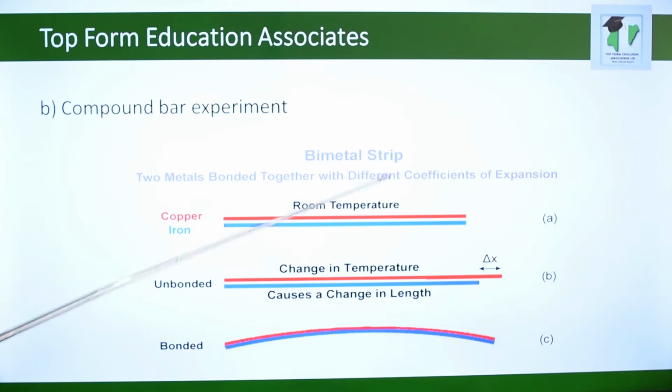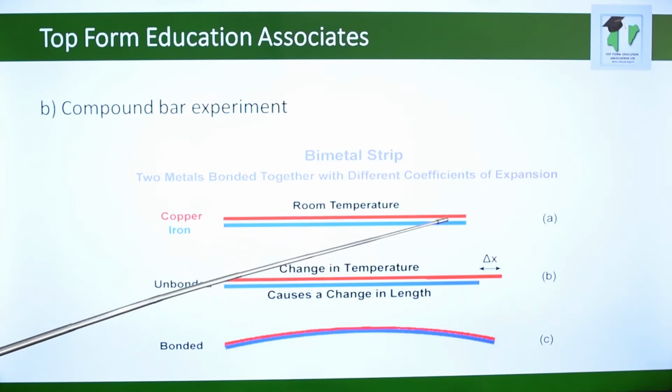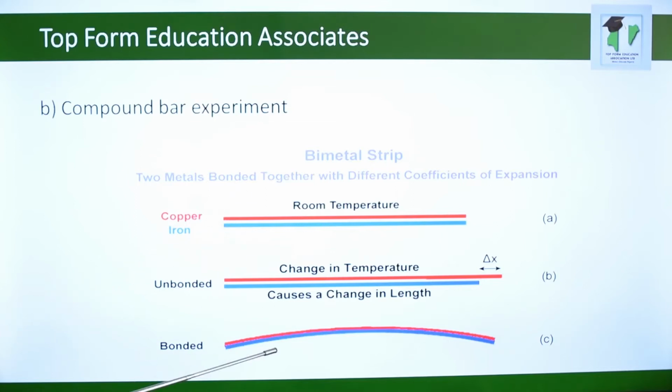With no increase in temperature, there will not be a change in length. Now there is a change in temperature because we have added heat to it. You see that the copper expanded more than the iron. Are you getting it now?